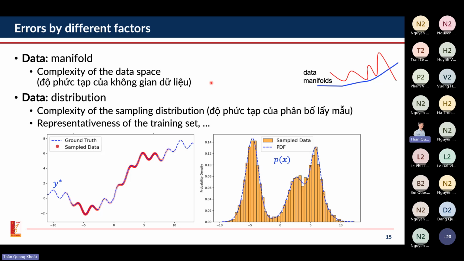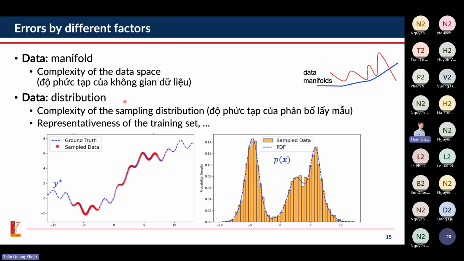In practice, the data space can be a manifold, or it can be a low-dimensional subspace. Even though our data is represented by a high-dimensional number of features, for example, in fact, it can lie on a very low-dimensional space. It is hidden in nature. So in those cases, the problem can be complex, right?